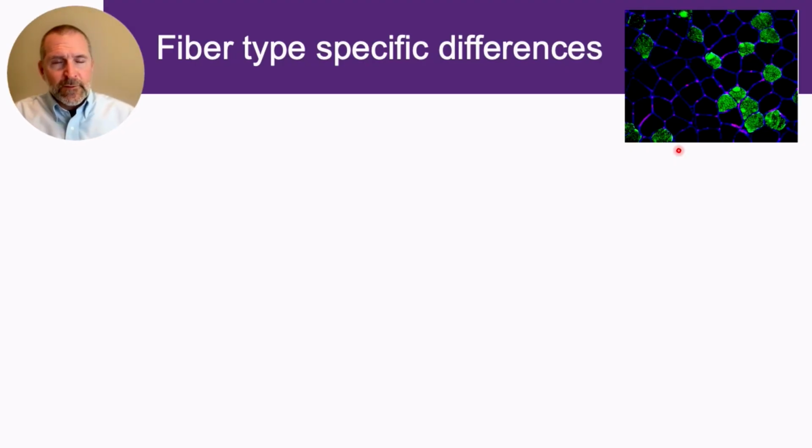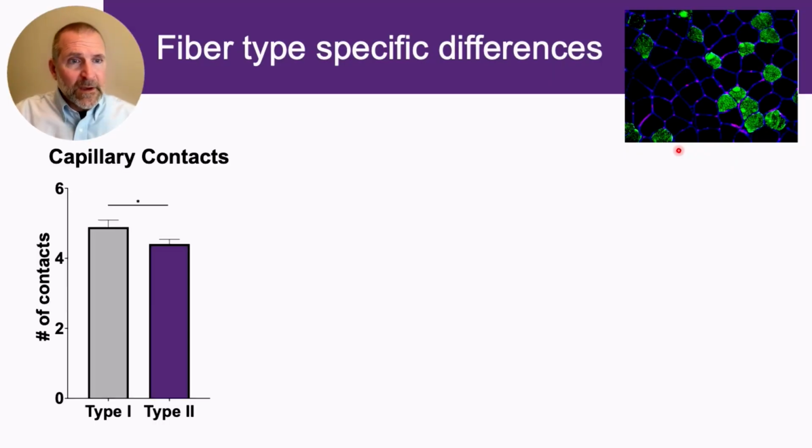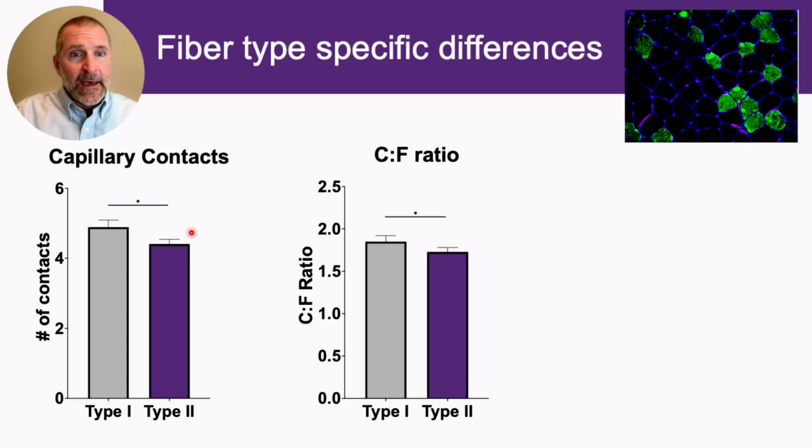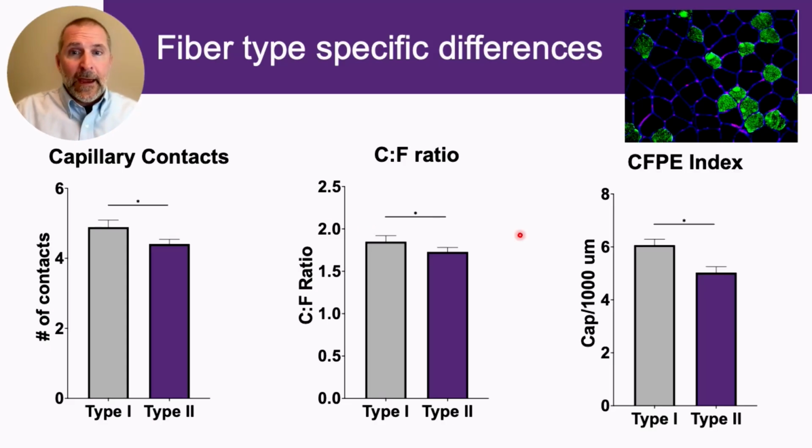We know that fast twitch fibers tend to be more glycolytic, less fatigue resistant, whereas slow twitch or type 1 muscles are more oxidative, more aerobic in nature. So it's not surprising that slow twitch fibers, type 1 fibers, have a higher number of capillary contacts, a higher capillary to fiber ratio, and a higher capillary density as well.